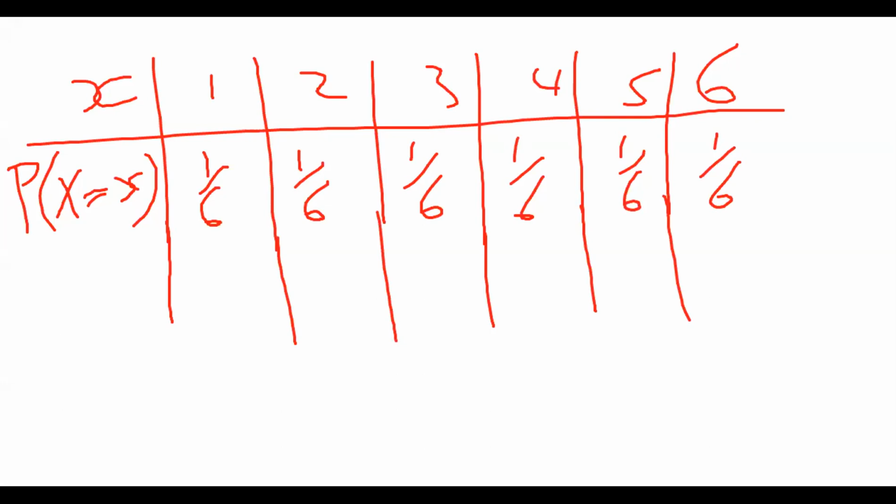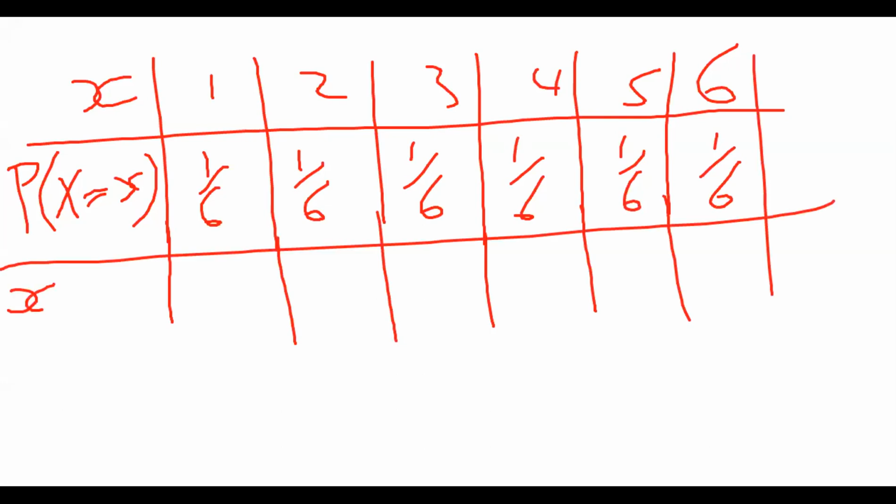We can simply get that using x times the probability of that value of x, and the sum of all of them.